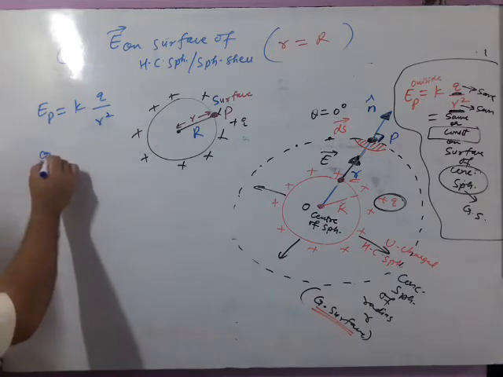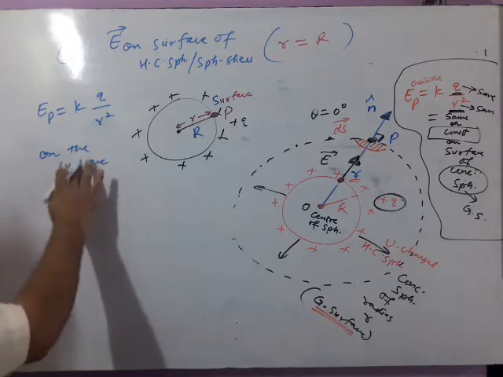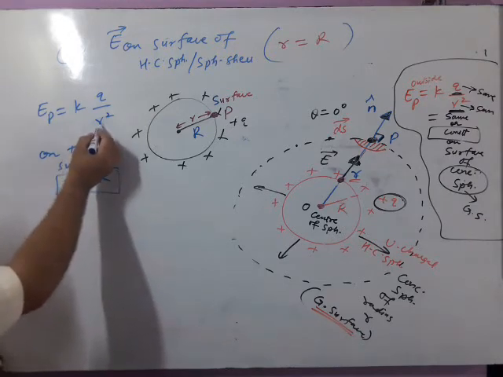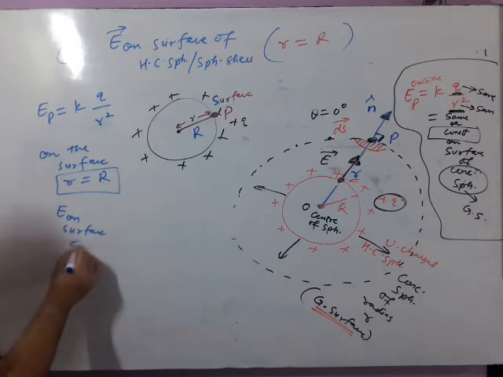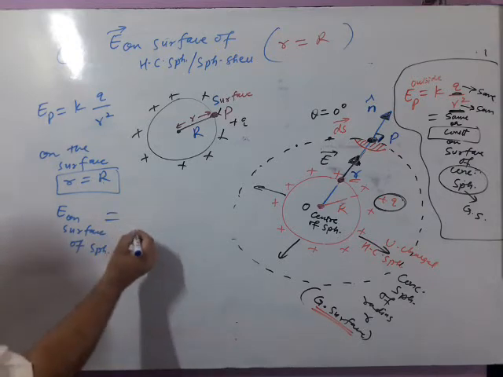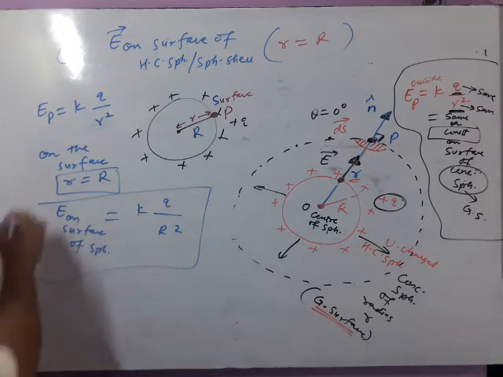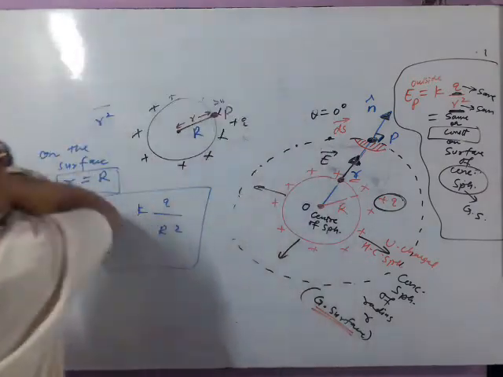And on the surface, small r is equal to capital R. Now input the value of small r here. So the electric field on the surface of the sphere will be kq by R square. Now here is part 3.